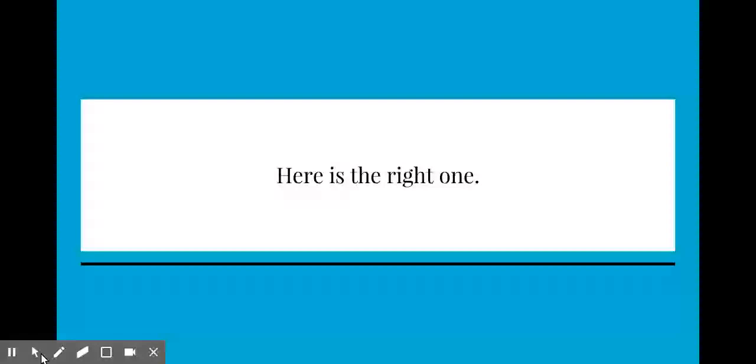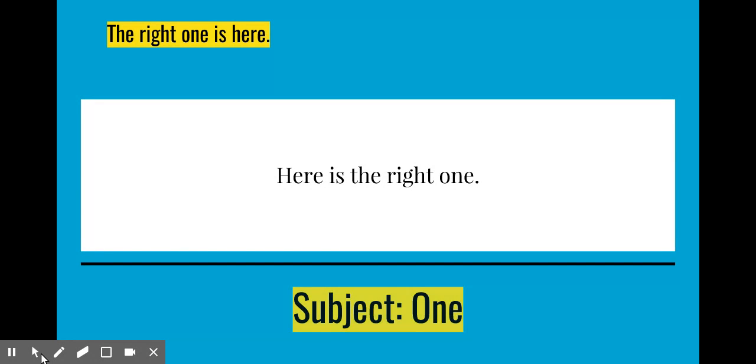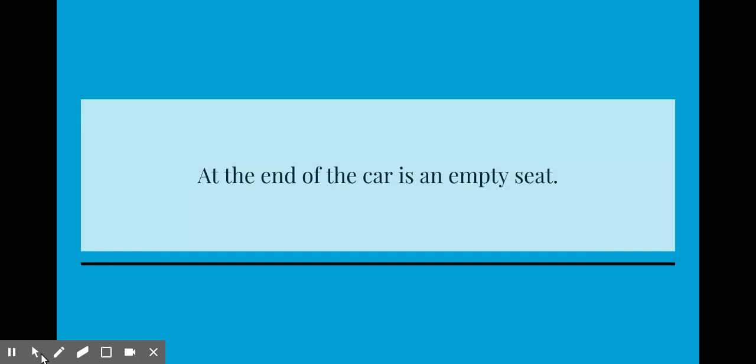Okay, try this one. Here is the right one. Go ahead and pause. Well, when I invert this sentence so that it's in natural order, it says the right one is here. So where is our subject? Our subject is one. Here's another one for you to try.